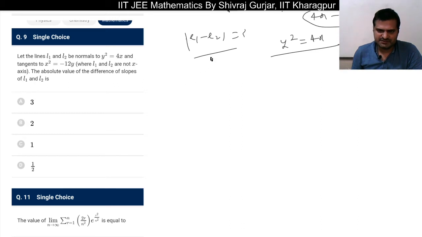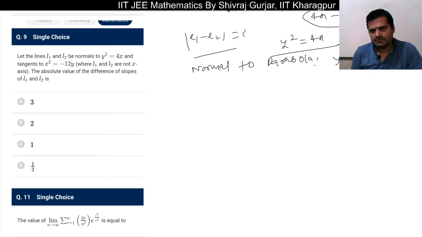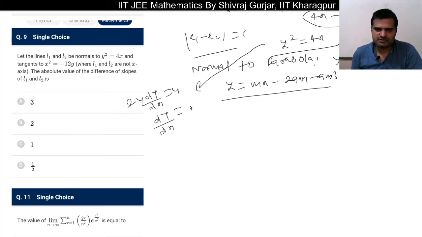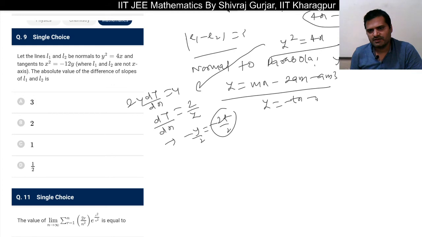And we know that a normal to the parabola y squared equals 4x with slope m is given as y equals mx minus 2m minus m cubed. Here 2y dy/dx equals 4, so dy/dx is 2 by y. So the slope of the normal will be minus y by 2. And what is y? y is 2t, so the slope is minus t. So m will be replaced by minus t and a is 1.